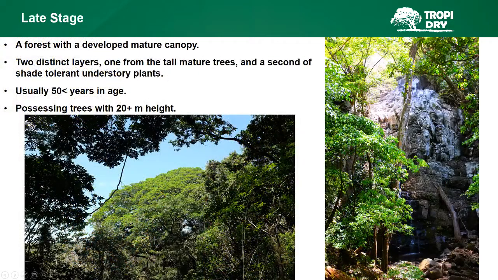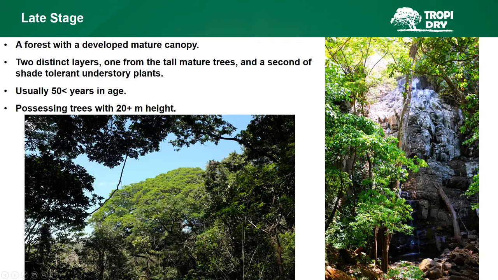And then we have these beautiful late stage forests, which not a lot of them exist right now in the Americas. Those that do exist are typically found in national parks nowadays. There's very few outside of national parks or private reserves that are still in existence. But these forests are typically 50 years or older in age.